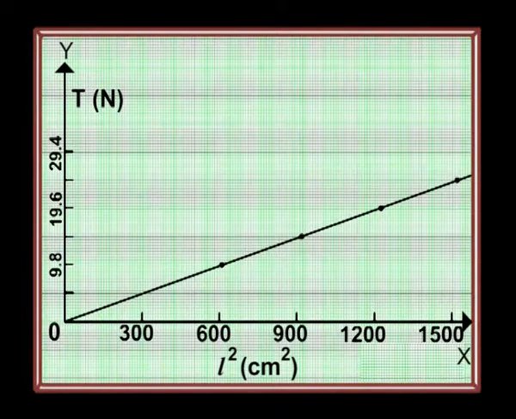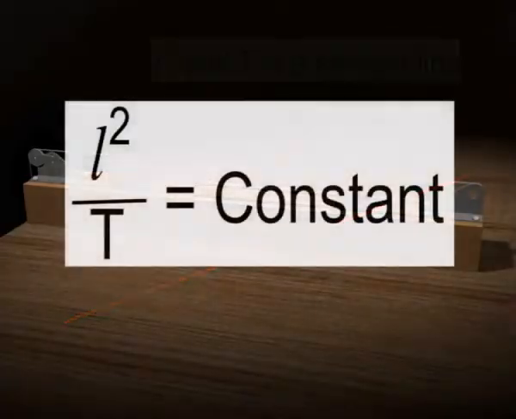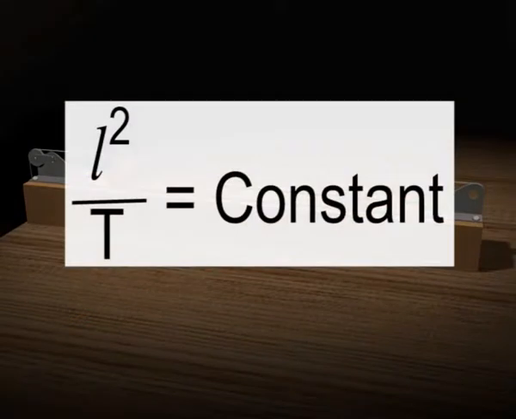The declaration of the result is to be made like this. As the graph between L square and T is a straight line, L square upon T is a constant.